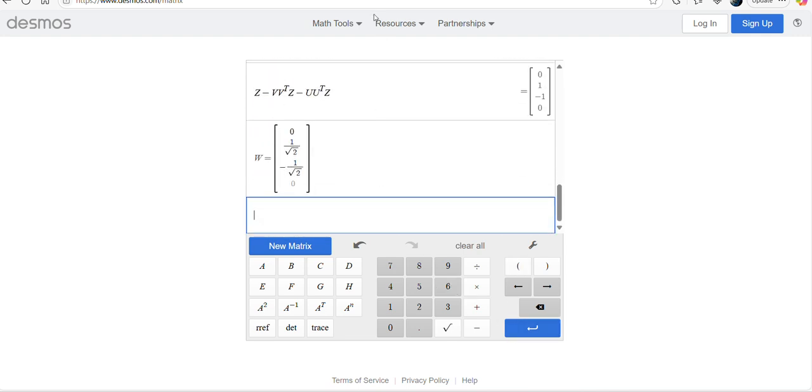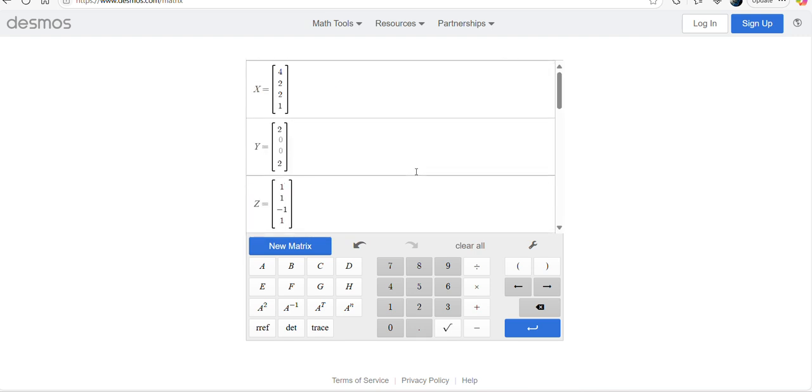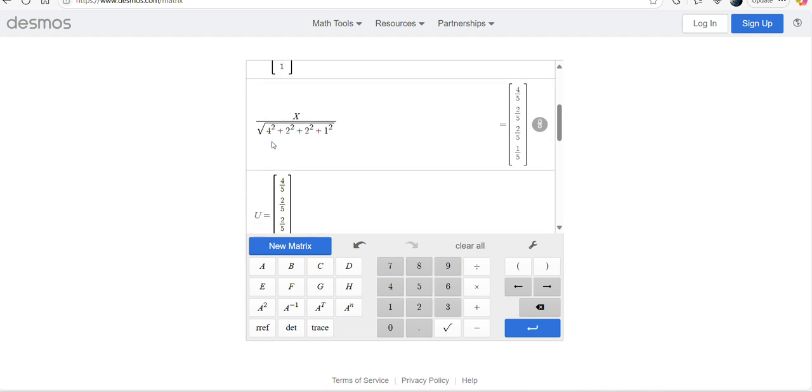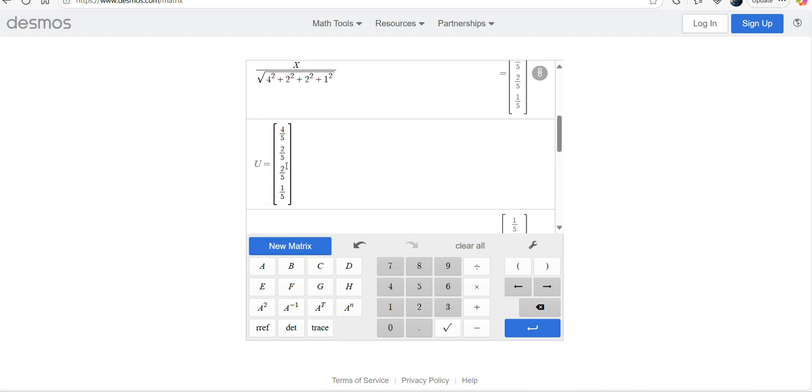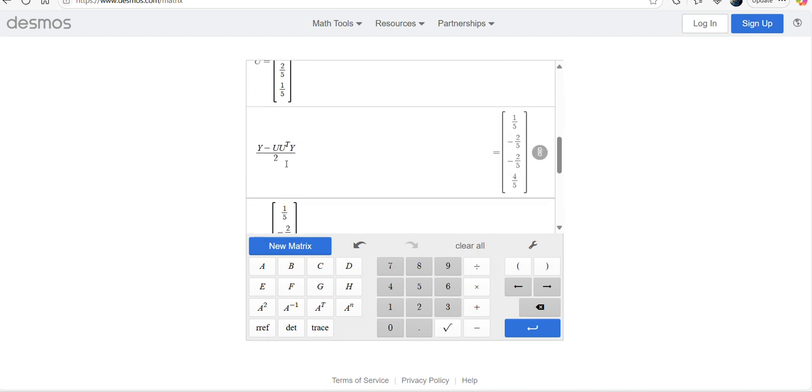Can I ask a question? Yes. Recording, please. I got lost. I created matrices for the 3 vectors, and then I stored the normalized vector into another matrix.